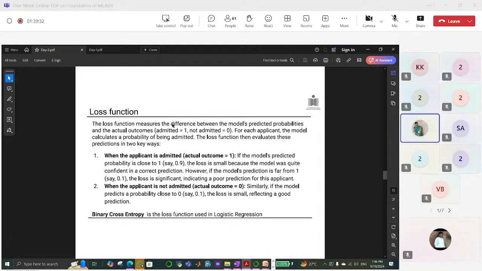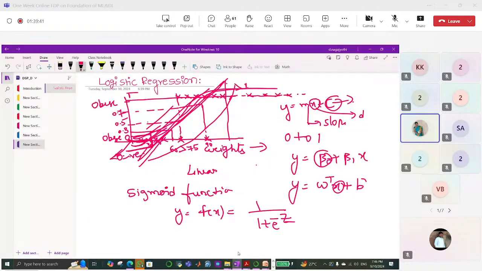The loss function measures the difference between the model's predicted probabilities and the actual probabilities. So the loss equals y hat minus y, multiplied by the x values. Here y hat is the predicted value and y is the actual value.